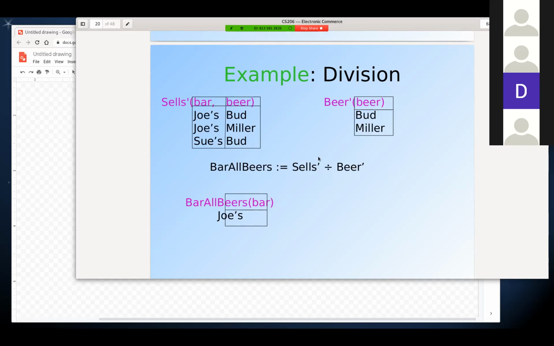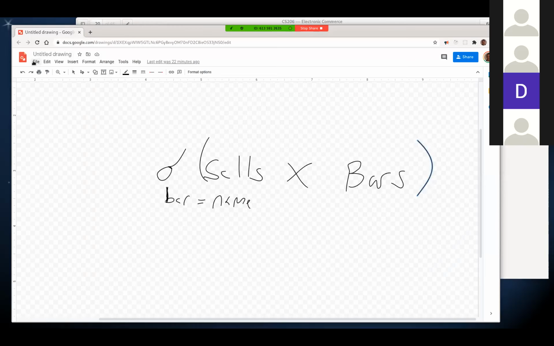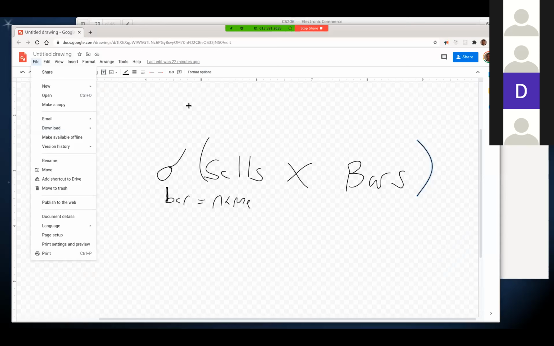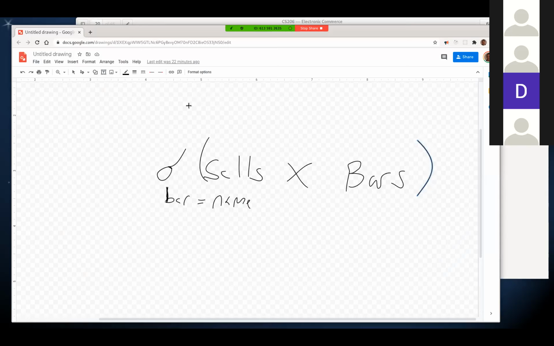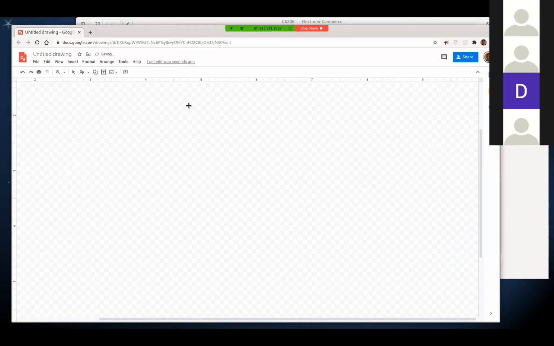All right, let's make it a little bit more abstract here. If we have R over X, where X is a set of attributes, then when you see X, Y and Z, I'll be using those as sets of attributes.